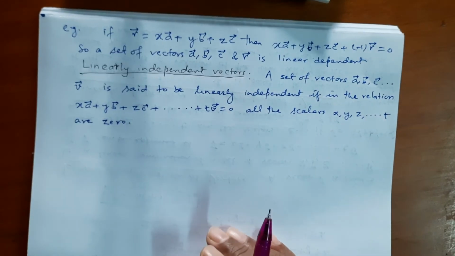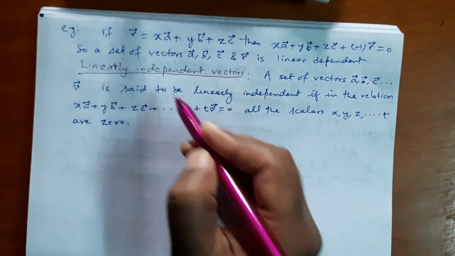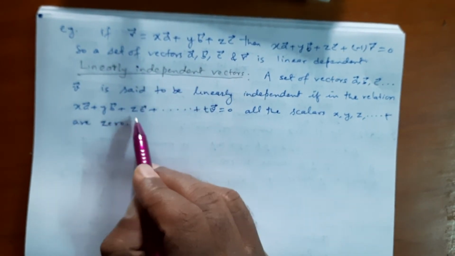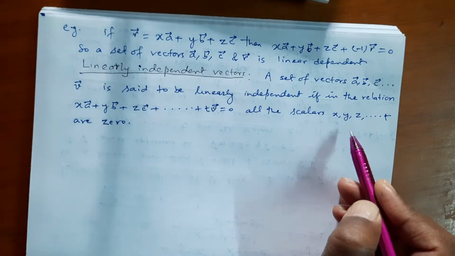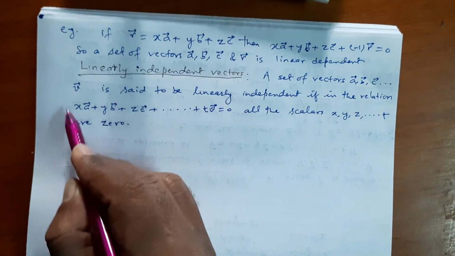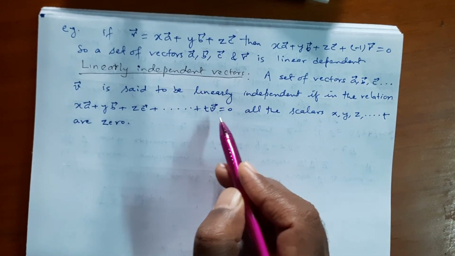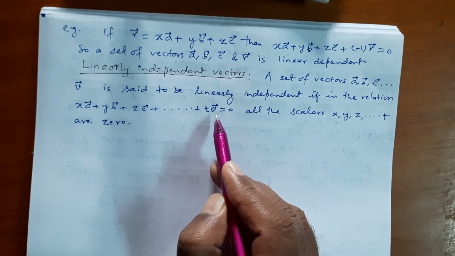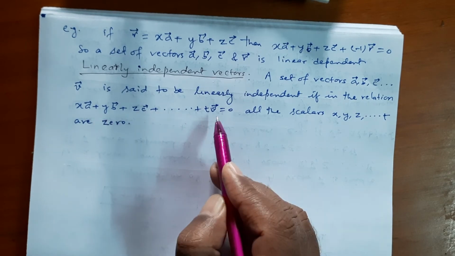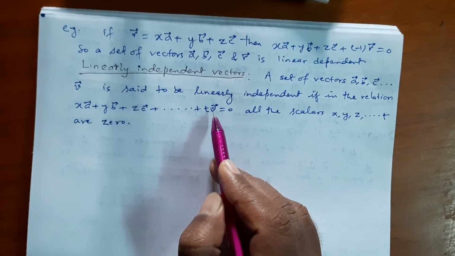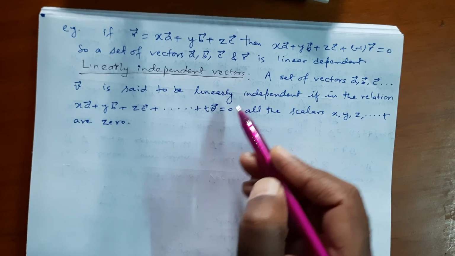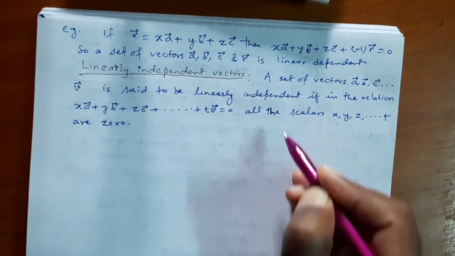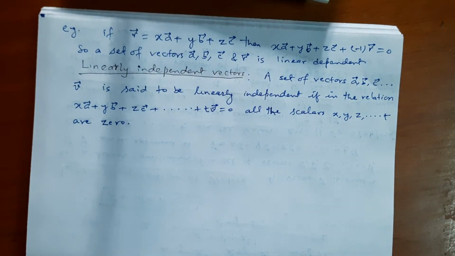Okay, so here the name is linearly independent. Here if all the scalars x, y, z and t are 0 and this sum equals 0, then a, b, c and then vector b have no contribution because the scalar will make them 0, so they can have any value, they have freedom. Okay, so they are linearly independent. Okay, in that way we can remember this definition.